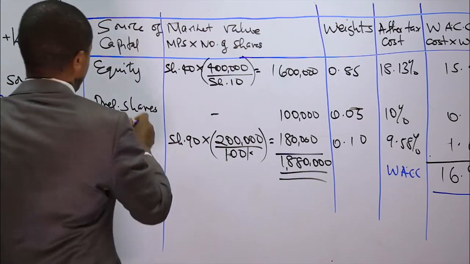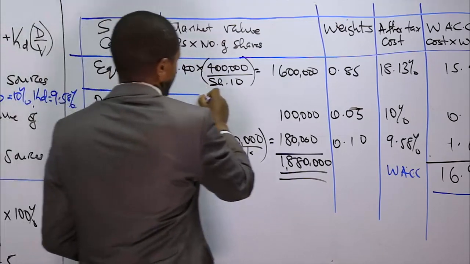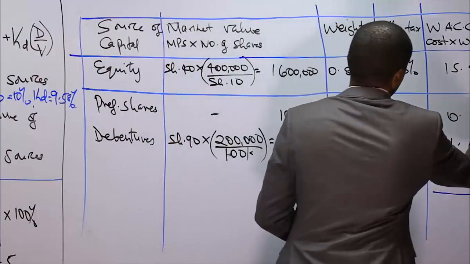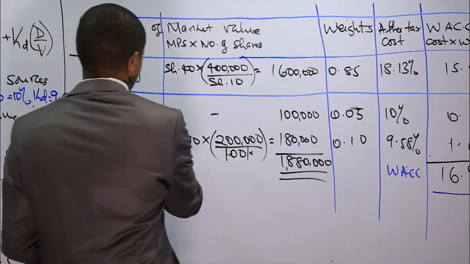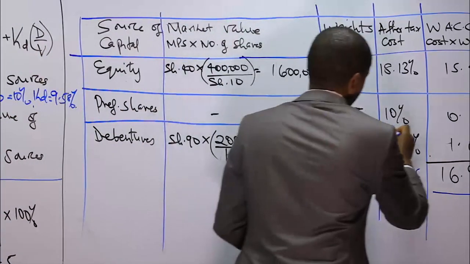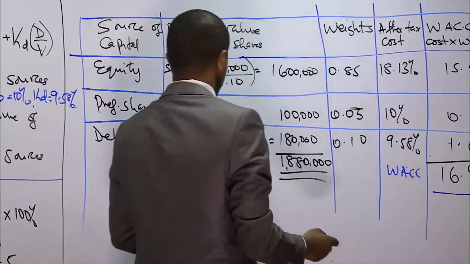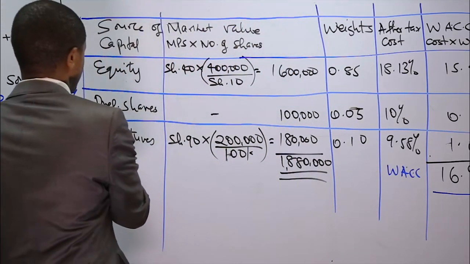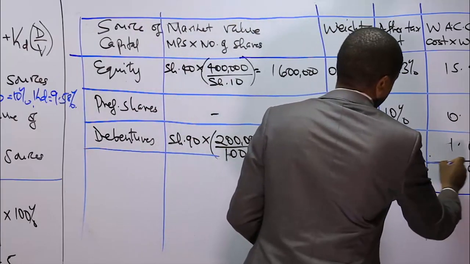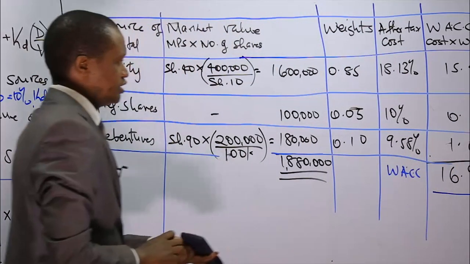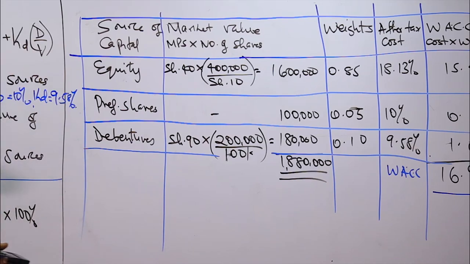That is the row for equity, the row for preference share capital, and the row for debentures. So that is how to determine the weighted average cost of capital.